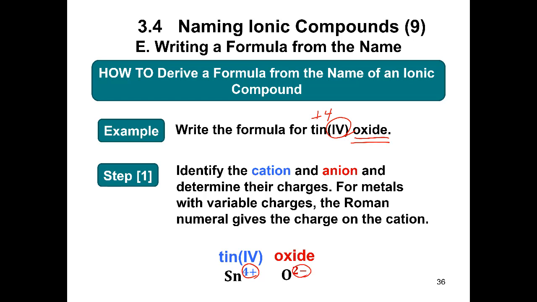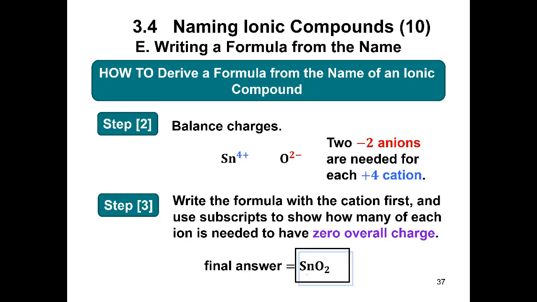Now, how do you know what to do in this case? You have to have 2 times a -2 to equal a -4, because you need a -4 to add to the +4 to give you 0.